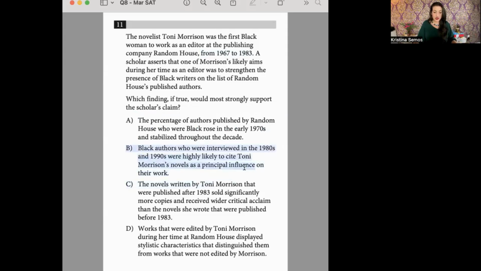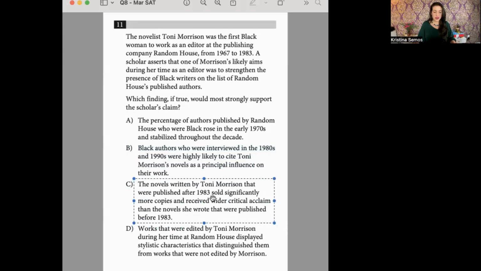So Black authors who were interviewed in the 1980s and 90s were highly likely to cite Toni Morrison's novels as a principal influence on their work. Well, I mean, that's great, but that doesn't necessarily mean more of them were writing themselves and submitting things to be published and getting published. So that doesn't quite hit the mark of what we want.